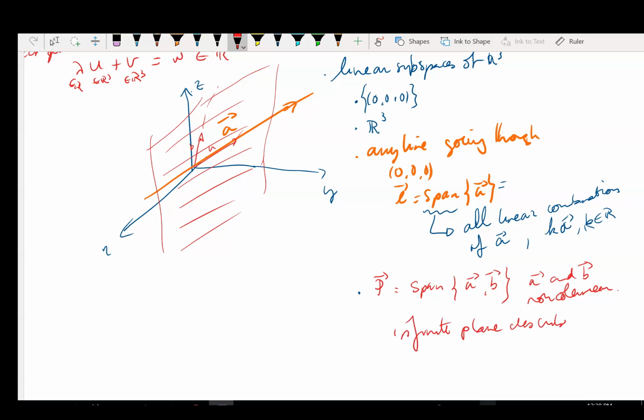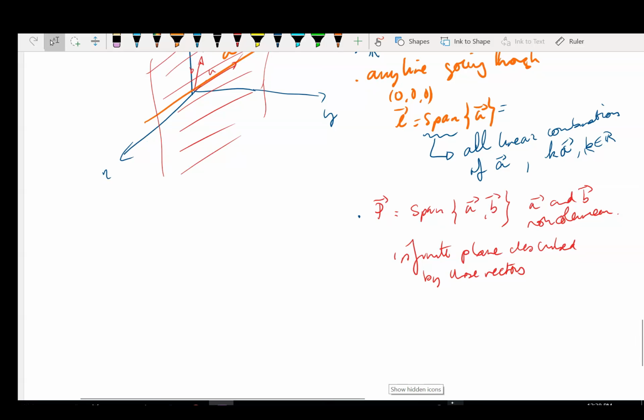And again, it has to go through the origin, so passing through (0, 0, 0). I want to be able to multiply a vector by 0 and still be in that plane. I want to be able to add one vector of this set and subtract it from itself so that I get the 0. So the 0 must belong to it.